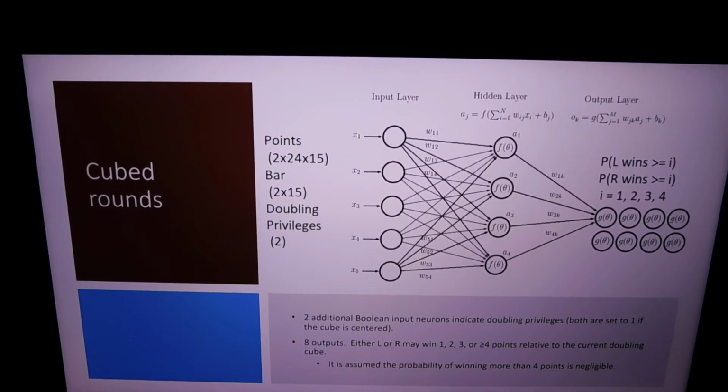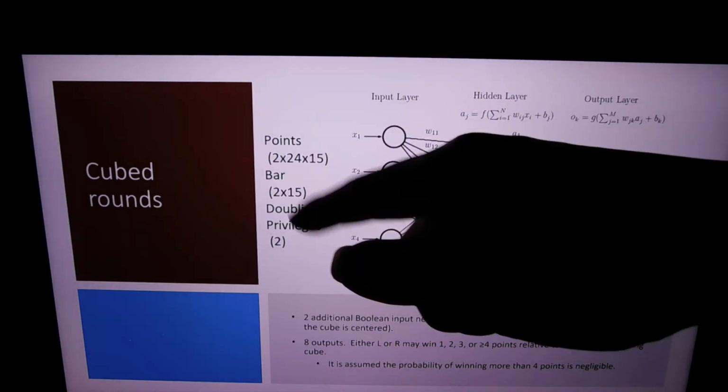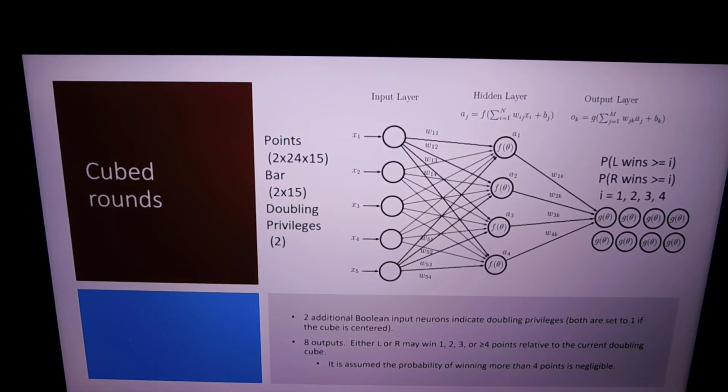Now here's the interesting case, and here's where most of the interesting work happens. You have cubed rounds where the players could potentially double from here on in. We have to encode the board, and we have to encode who has doubling privileges at this moment. They could both have doubling privileges at the same time if the cube is centered at the beginning of the game. And what's our output?